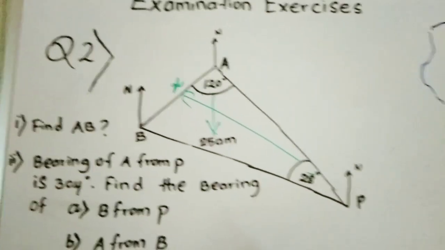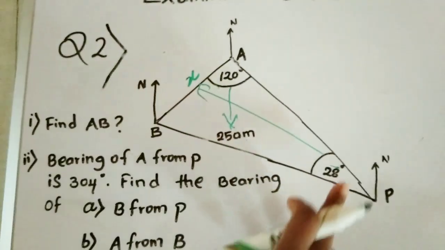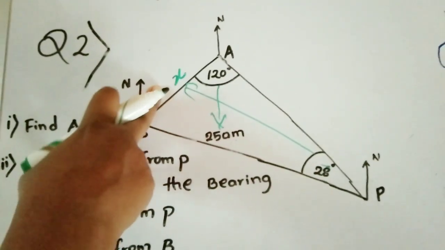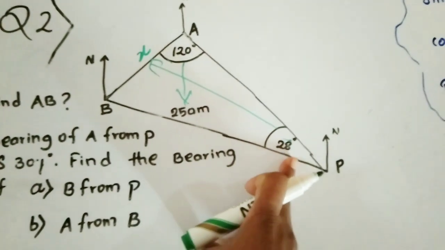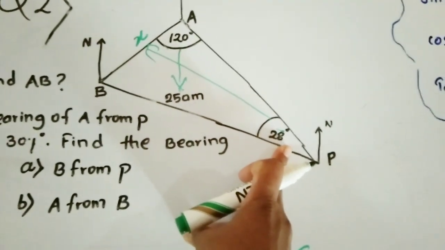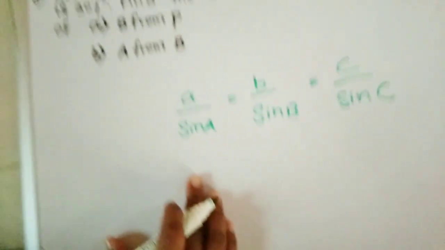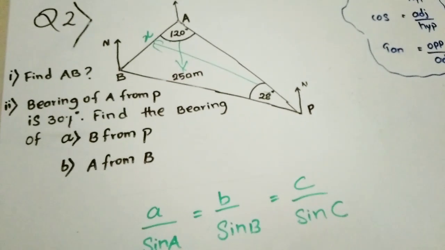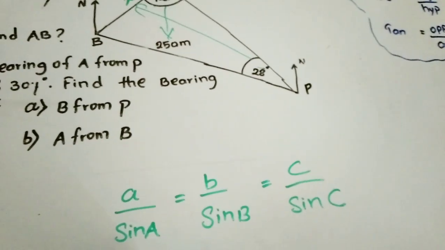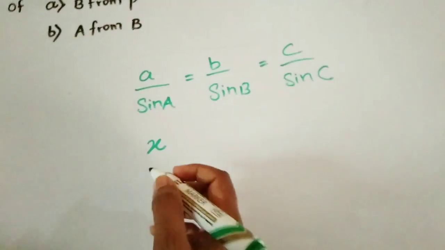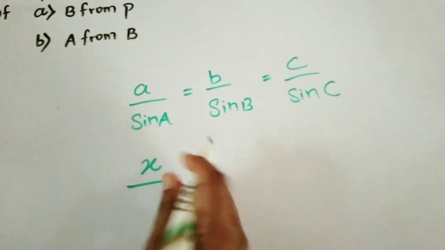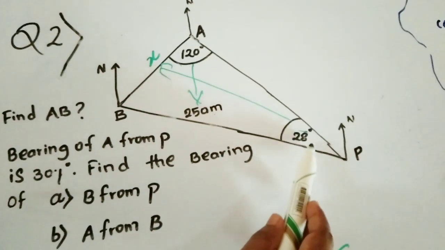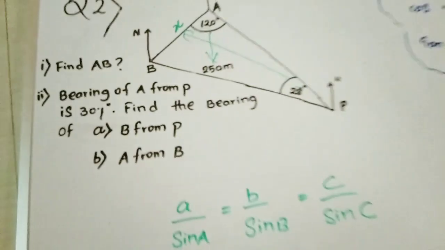Okay, according to our question here, the opposite side and opposite angle, the first pair is x and 28. So the side length x, opposite to that is the angle 28.